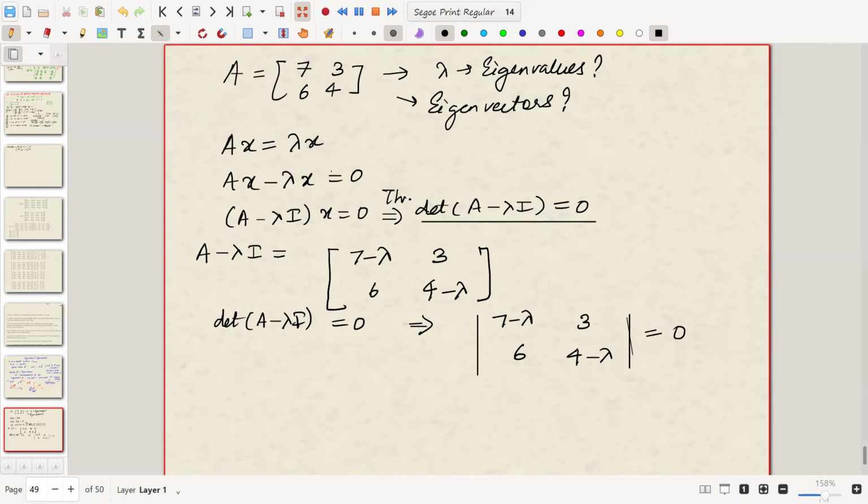Can you solve this? Multiply this one first, minus the cross one. So (7 minus lambda) into (4 minus lambda) minus 6 into 3 equals 0. Can you solve for lambda now? Lambda equals what?